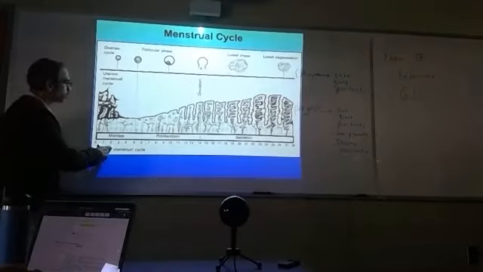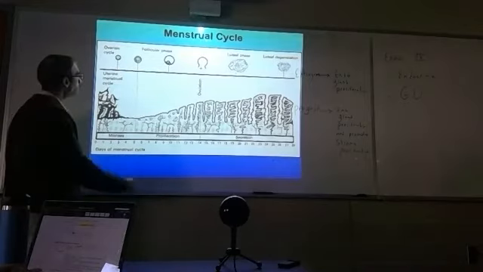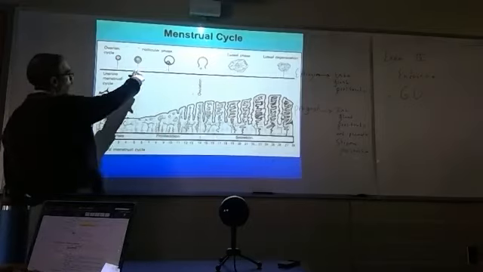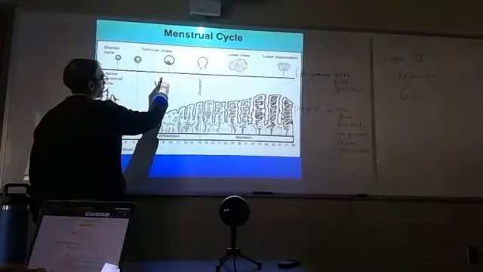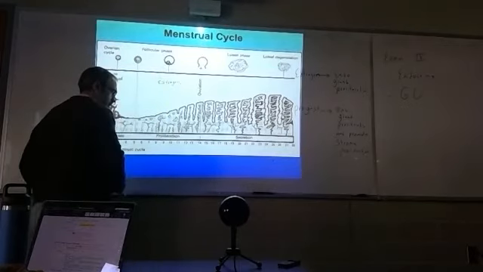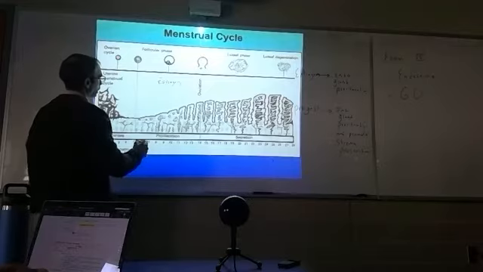Okay, after menstruation, a couple of changes start occurring in the ovary. Follicles begin to develop in the ovary. And as these follicles develop, they start elaborating lots of estrogen.